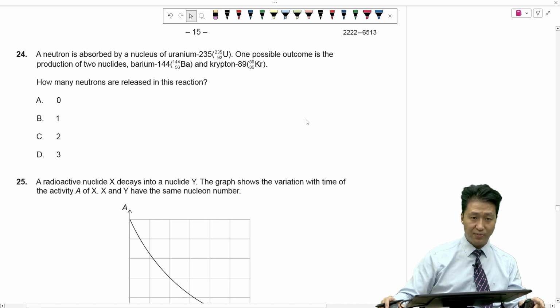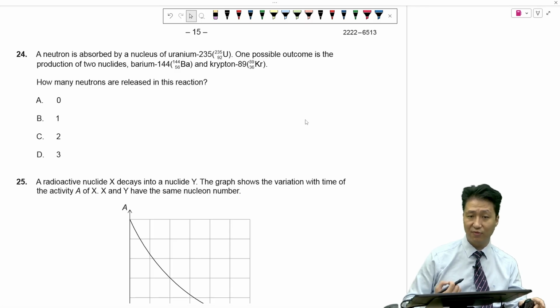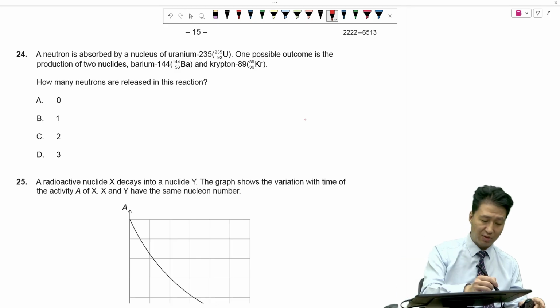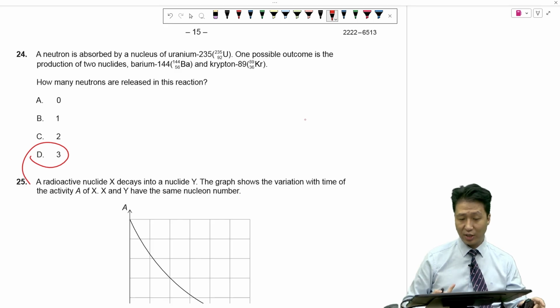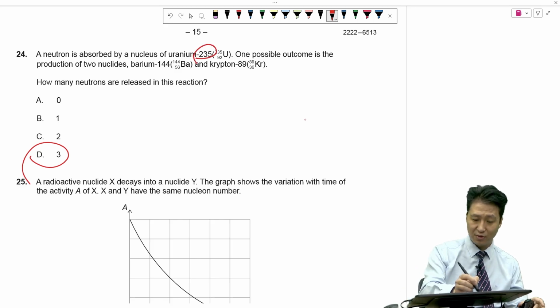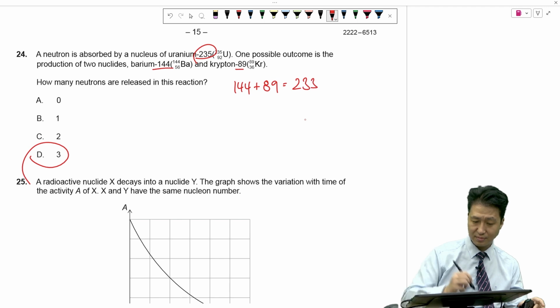And number 24, a neutron is absorbed by a nucleus of uranium-235. One possible outcome is the production of two nuclides, barium-144 and krypton-89. How many neutrons are released in this reaction? You should have this memorized. Always 3 are released. But there's a trick to this question. If you just use 235, 144, and 89, let's put 144 plus 89, and you get 233.